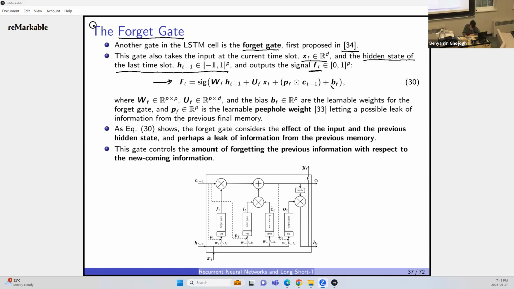And also we have bf as the bias, p-dimensional. You have wf, uf as the learnable parameters. We have ht minus 1 and xt. We have another p-dimensional weight denoted by pf, element-wise Hadamard product with ct minus 1, letting a possible leak of information from the previous final memory.